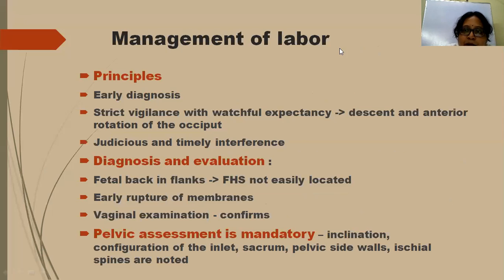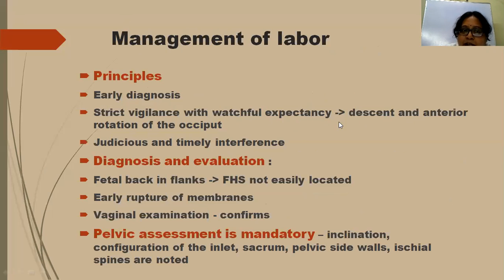So how do you manage labor? You have to manage labor by early diagnosis, because the labor keeps on giving you hints. So you have to be vigilant and catch the hints. When you chart the labor on a partogram, you will come to know. Then you have to do strict vigilance of the labor with watchful expectancy.